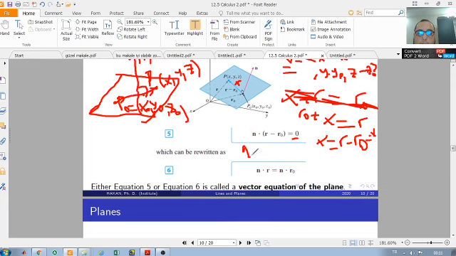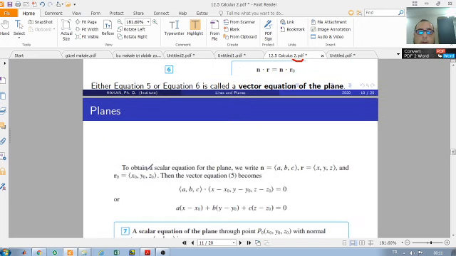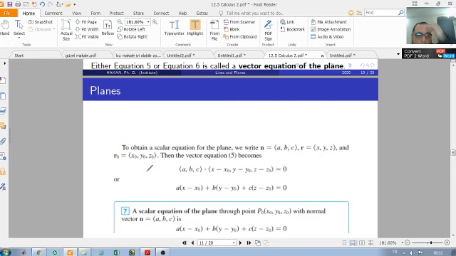So we write n inner product v is equal to 0, or instead of v you can write r minus r0. This is called a vector equation of the plane.